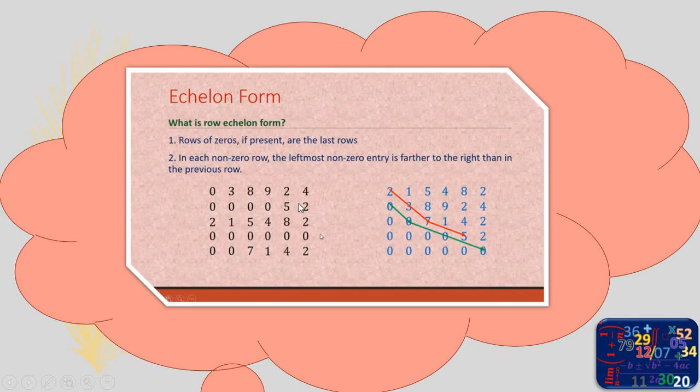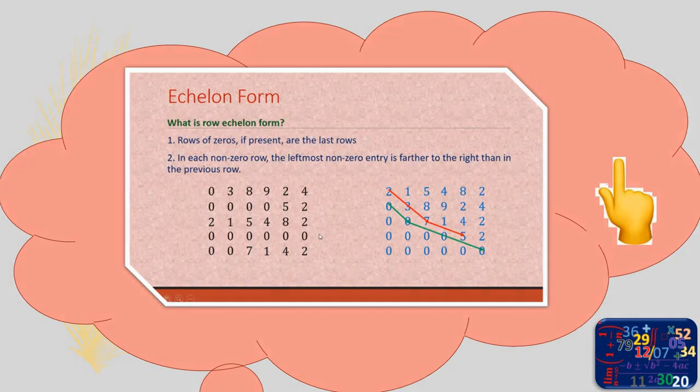In the same way, other rows are also transformed in such a way that for each non-zero row, the leftmost non-zero entry is farther to the right than in the previous row. To know more about this and some solved examples, you can follow the pin.